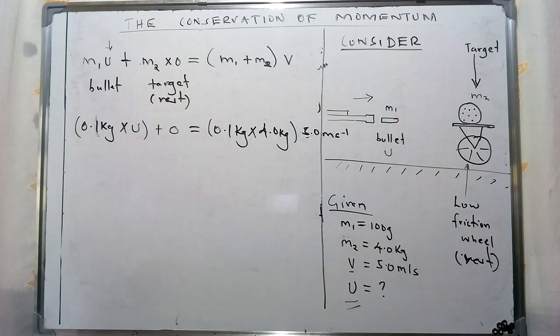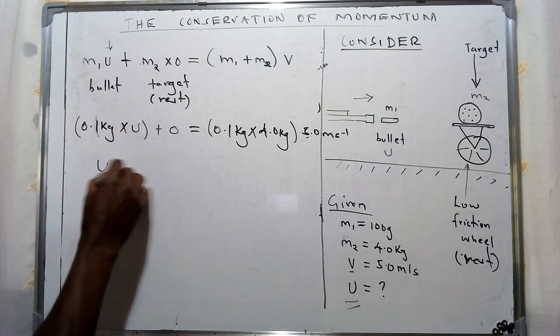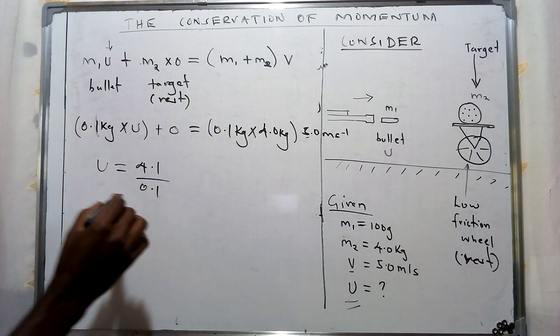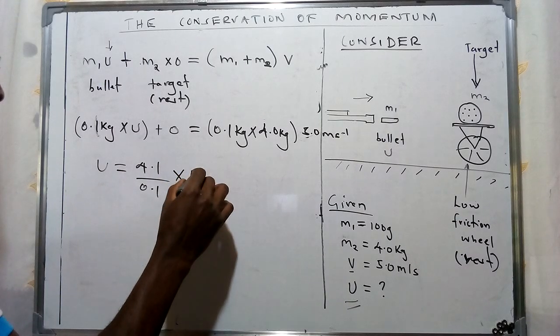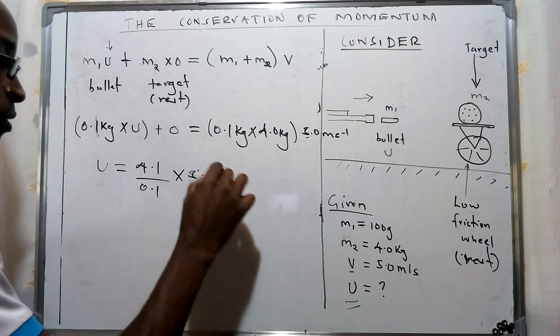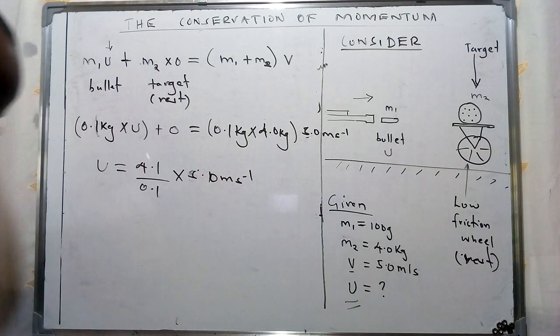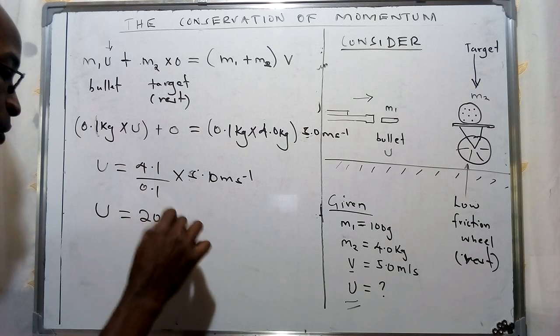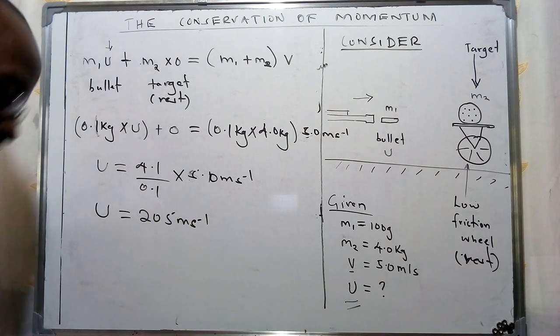So we are going to have u as the subject of this formula, and therefore this is given in terms of the ratio with 0.1, times 5.1, or just 5.0 meters per second, and this gives us a value of u equivalent to 205 meters per second.